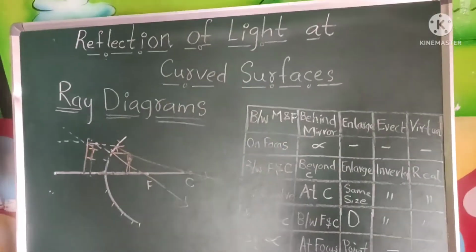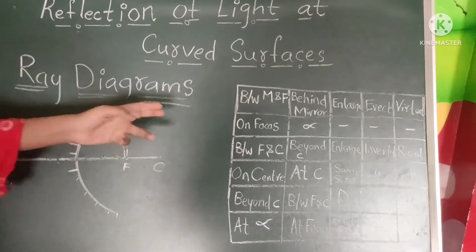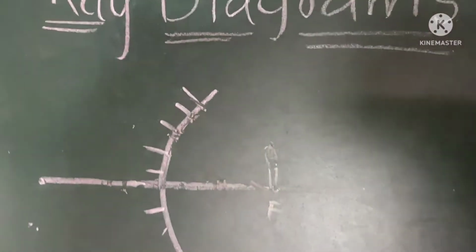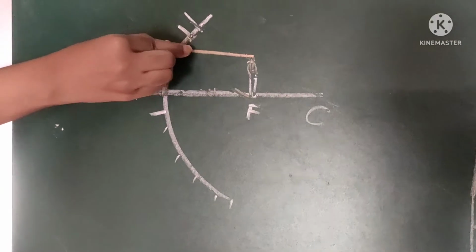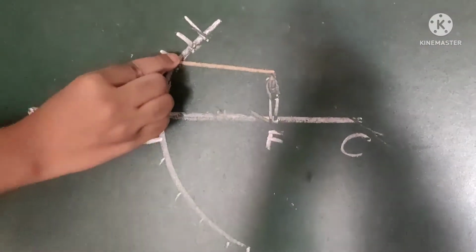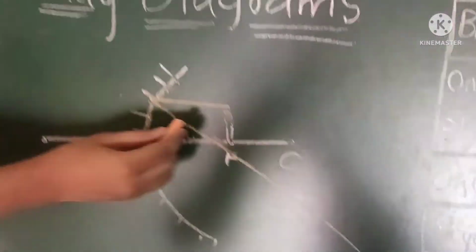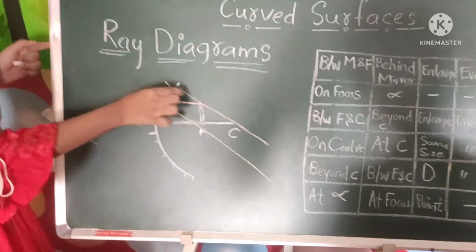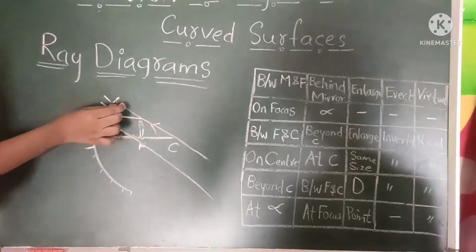Okay, so moving towards the next one, that is on the focus. Now let's see what is happening here. Where is the position of image? The incident ray parallel to the principal axis passes through the focus. This is the first ray. Then the incident ray passing through the center of curvature, it will reflect back, right? Yes. So what is happening here?